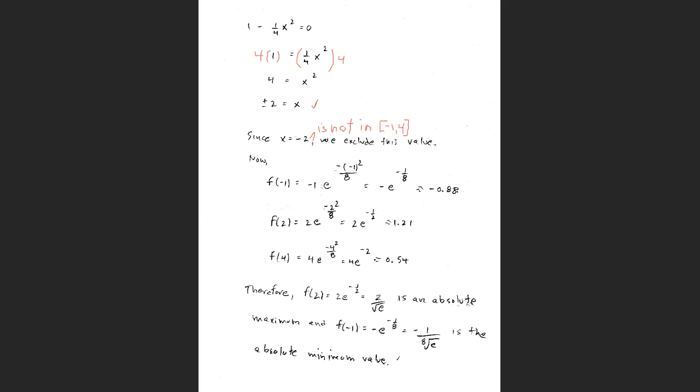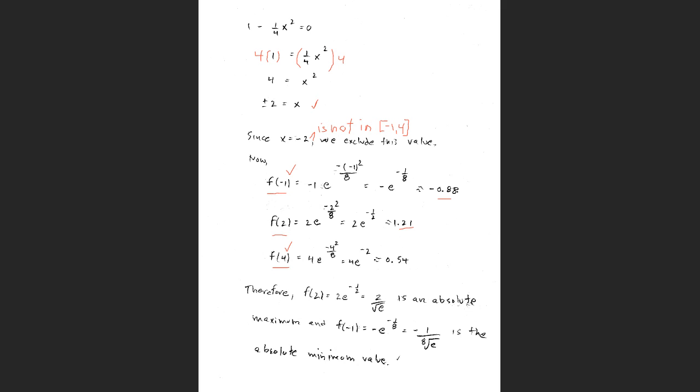So we have to consider evaluating the function at our endpoints and evaluating the function at x equals 2. What we're going to do is evaluate the function at our critical number, x equals 2, and evaluate the function at our two endpoints, x equals -1 and x equals 4.